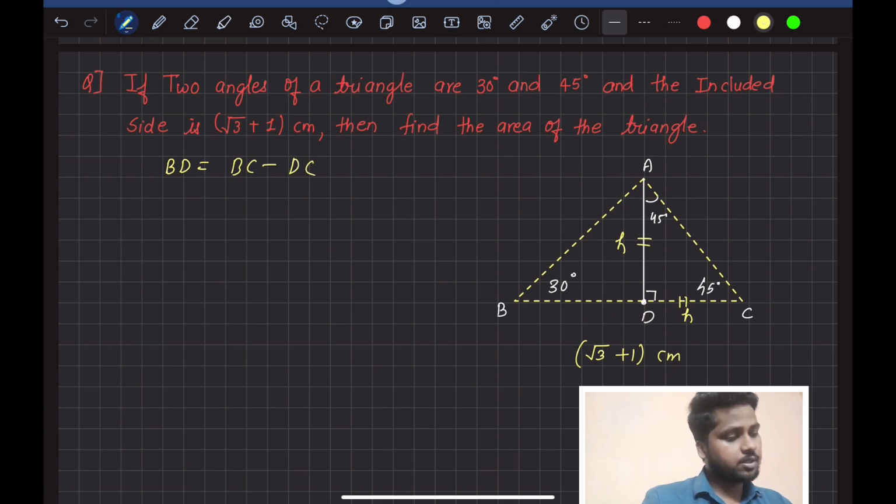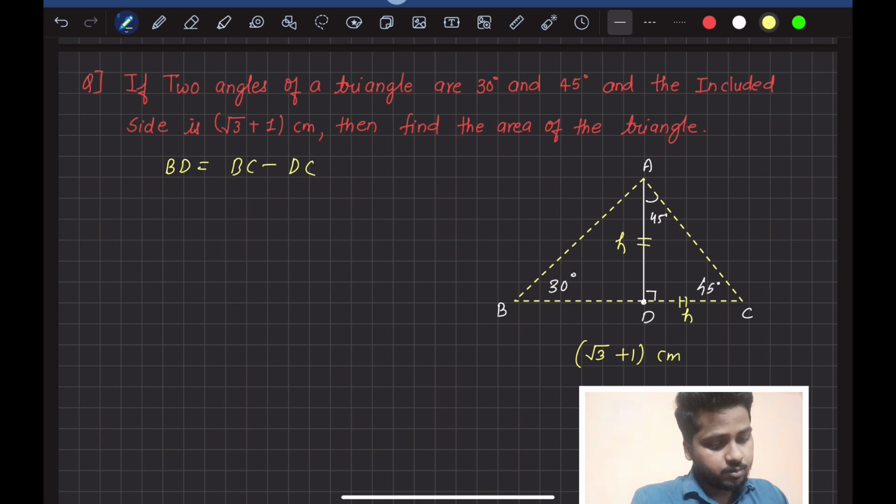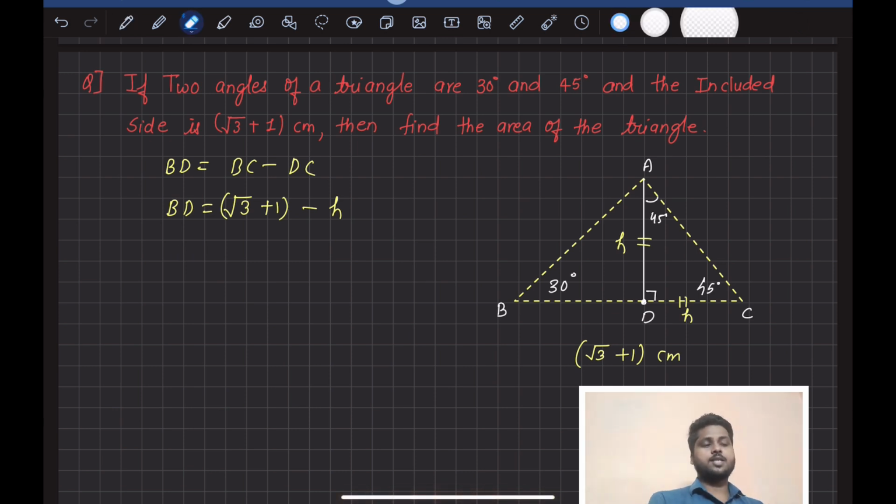Just see the triangle. BD is equal to total minus this part. So BC minus DC is equal to BD. BC value is given as root 3 plus 1, minus DC, and what is DC? H. So BD is equal to root 3 plus 1 minus H.